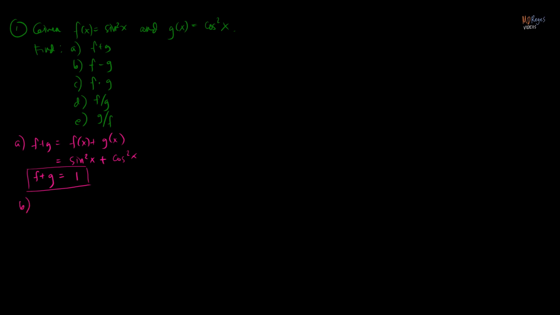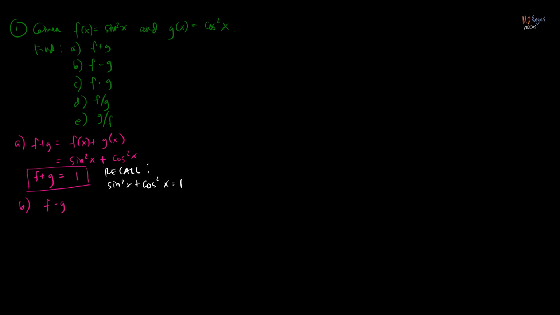Now going on, f minus g. Let me just recall the Pythagorean identity that we have here: sine squared x plus cosine squared x equals 1. Alright, just to be clear on that.